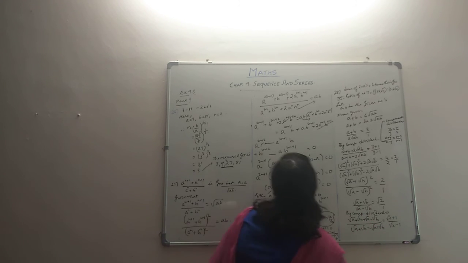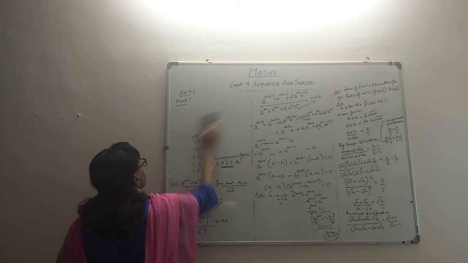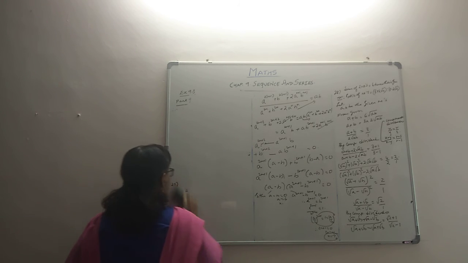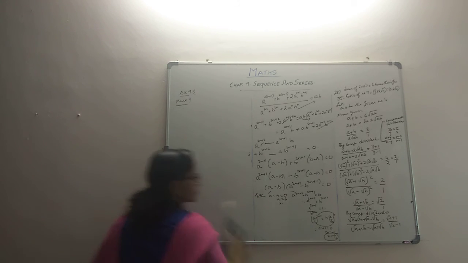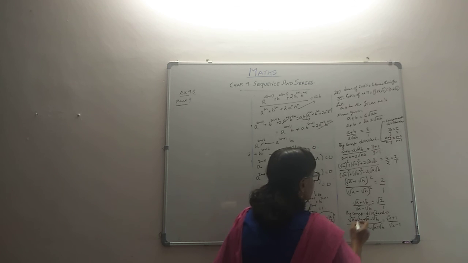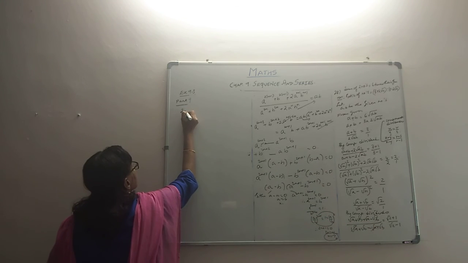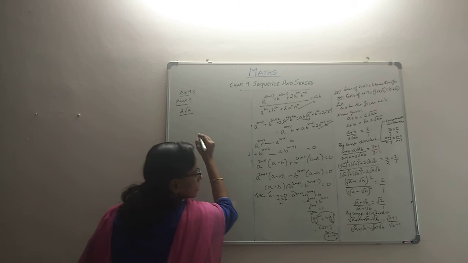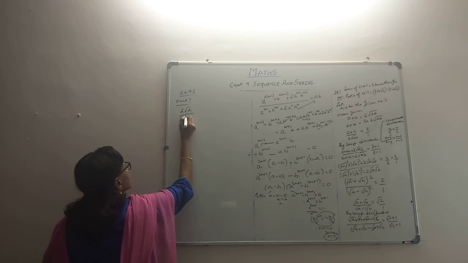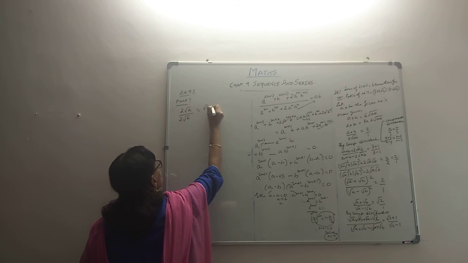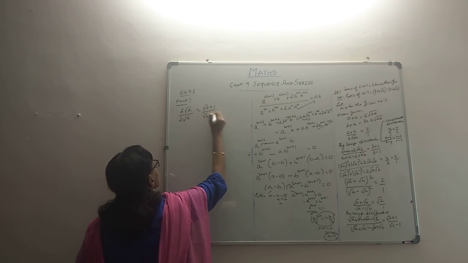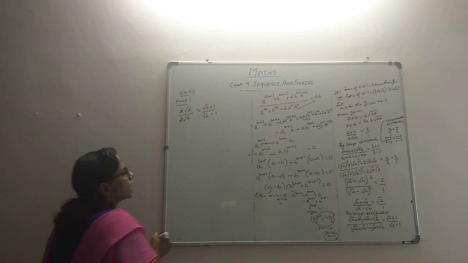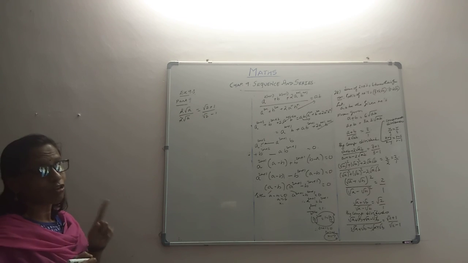Now what will happen? Root b cancels, root a cancels. You are left with 2 root a by 2 root b, and root 2 plus 1 by root 2 minus 1. The 2 cancels. Our idea is to get a by b, the ratio of the numbers.